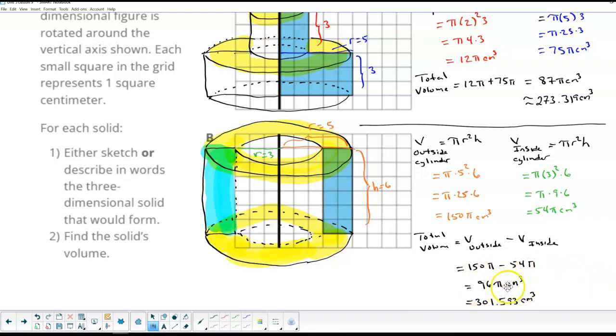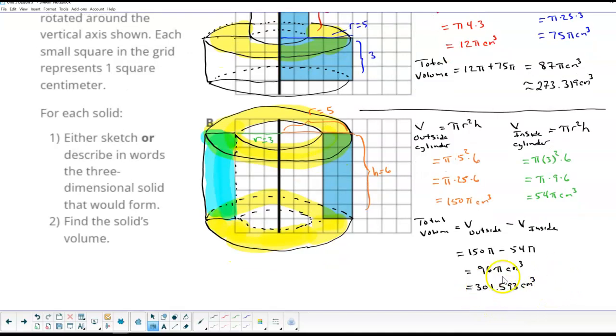And that gives us 96 pi centimeters cubed, or if you use the pi button, 301.593. If you use 3.14, again, you should be close to the 301. Feel free to pause this, copy the notes down as you need.